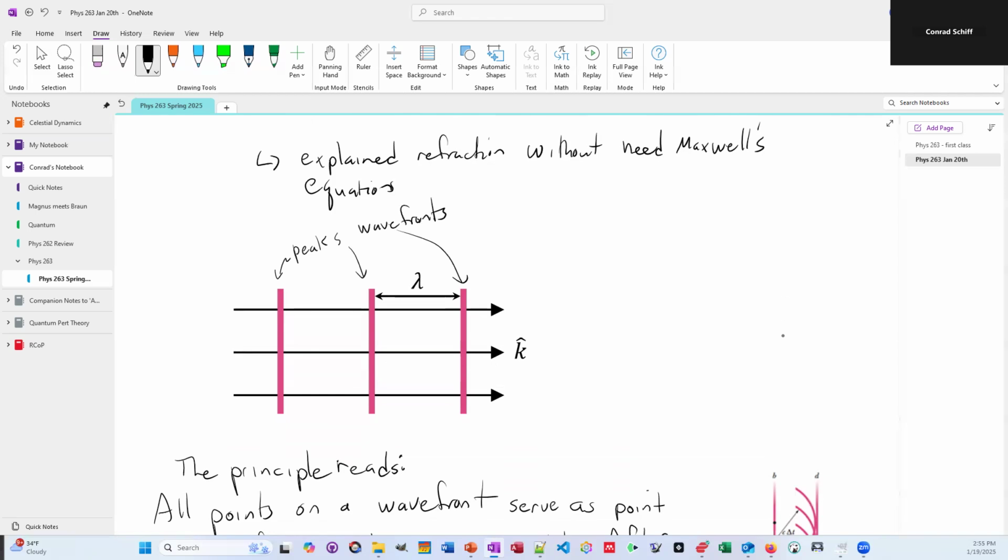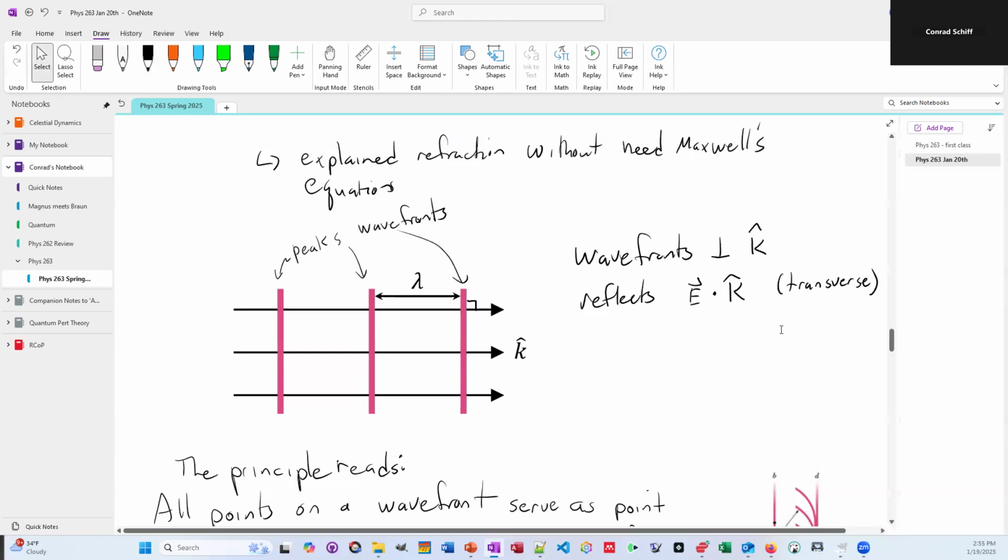And the wavefront of the wave is always perpendicular to the direction that the wave is propagating. Again, k is the direction of the wave, and that just reflects that the electric field is perpendicular to the direction of propagation. And that is to say that, again, the wave is transverse.